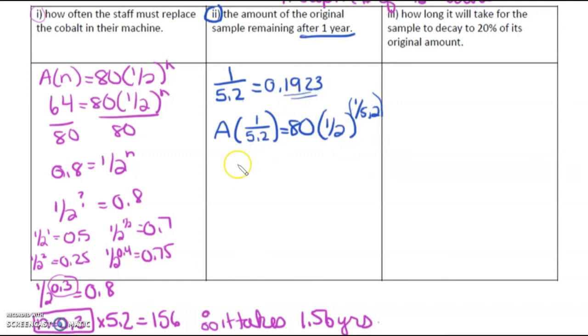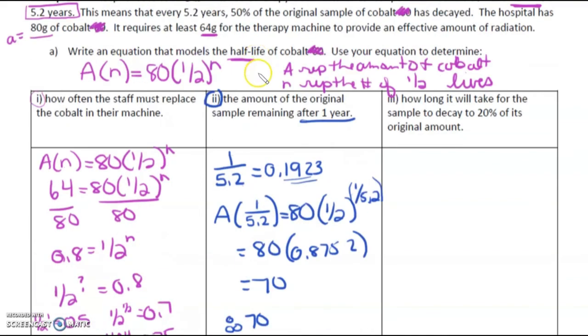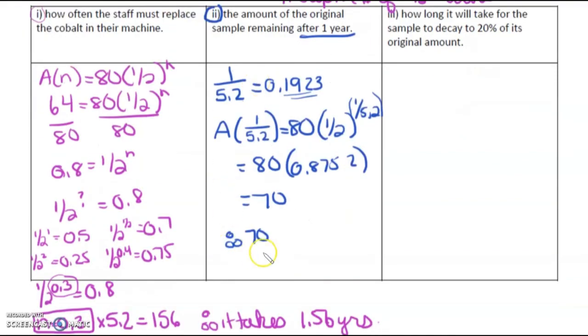So we're going to get 80 times, and try this in your calculator just so that you know that you can calculate it, 80 times 0.8752. We're going to get approximately 70. So therefore, 70, is it milligrams? Grams is left after 1 year.